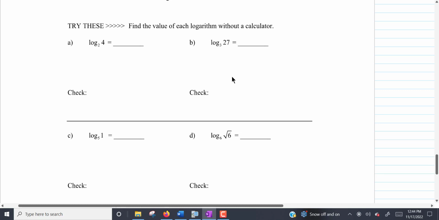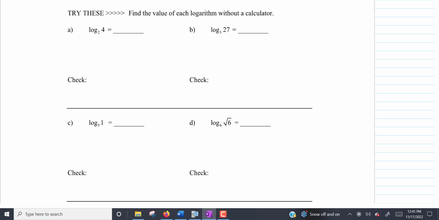This is a real short section. Your goal on as many of these problems as possible is to do them in your head. What I want you all to do on your paper, though, is go ahead and start by setting it equal to x, write it in exponential form, then see if you can figure it out in your head. And so see if you understand the checking part on that too.